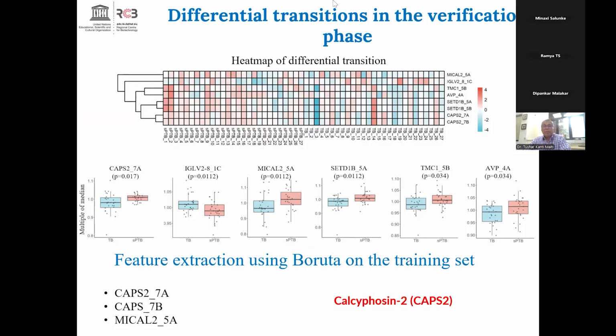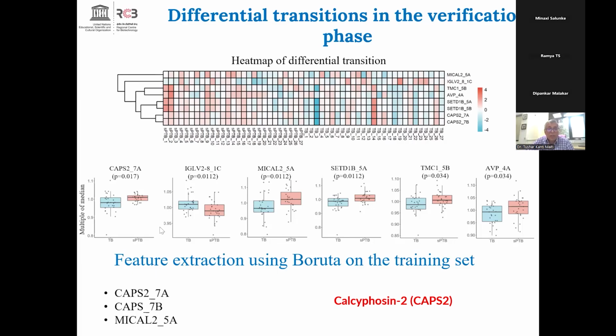We performed multiple reaction monitoring in high resolution mode, which is HR MRM mode, and tried to find out which precursor ion or transition gives some kind of classification describing preterm versus term. For feature extraction here we used Boruta on the training sets, and we could get the two important features, CAPS2 protein and Michael 2.